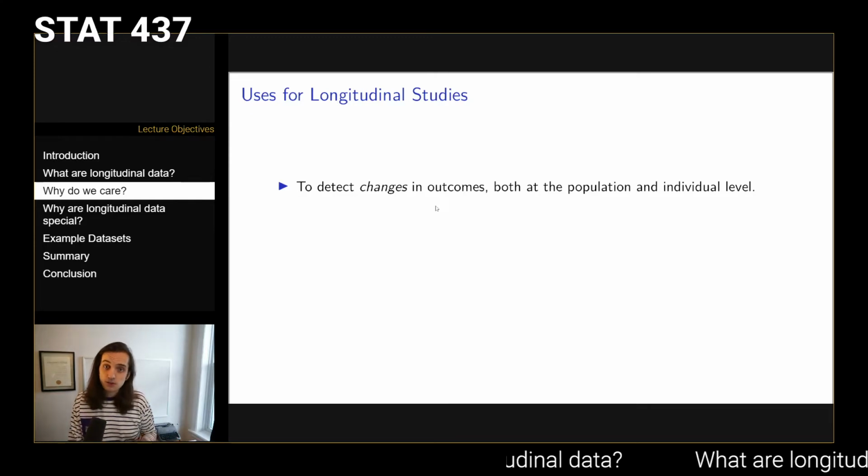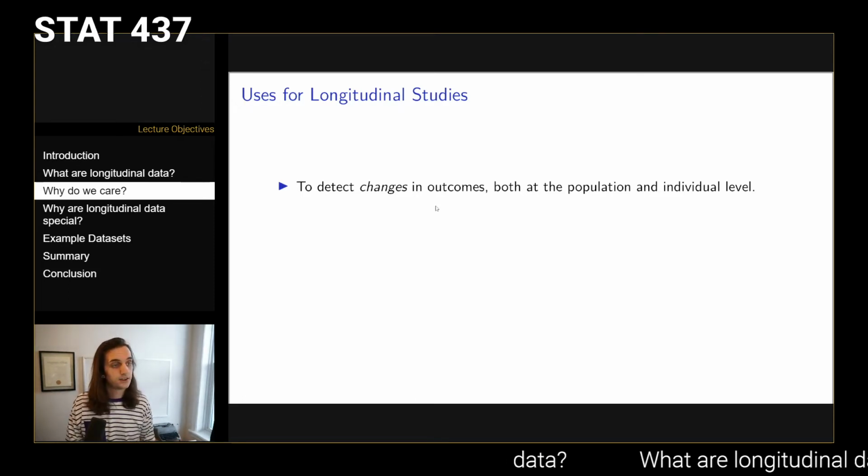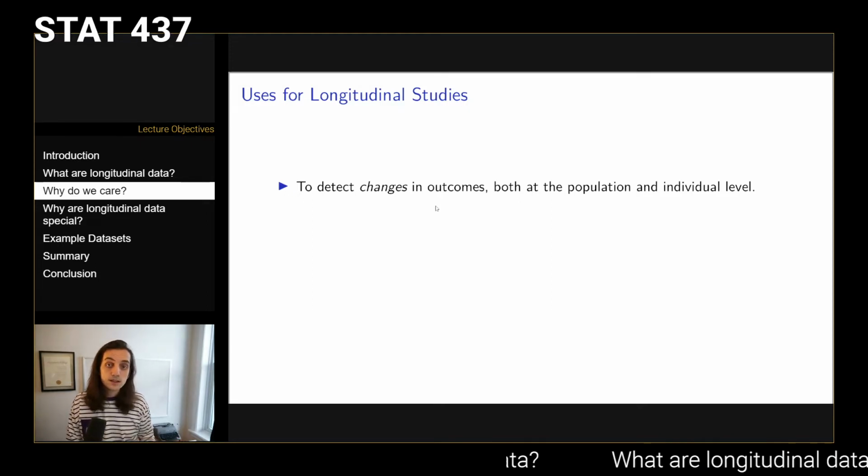So there's a handful of uses for longitudinal studies that only longitudinal studies can give us the answers to. So if we want to detect a change in an outcome over time, we need a longitudinal study. Okay?